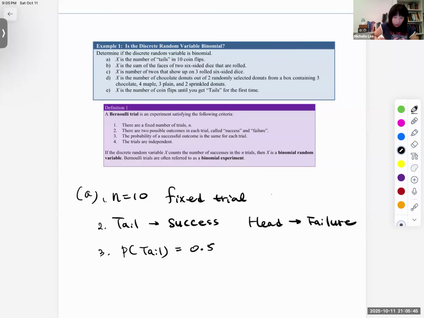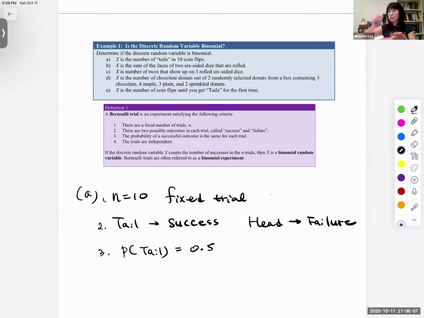All right. Now, trials are independent, is it? Yes, because the first outcome, whether we get the tail or head, does not affect the second outcome, right?